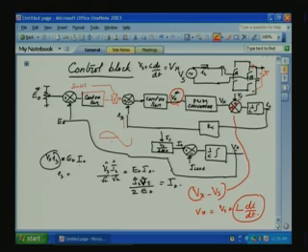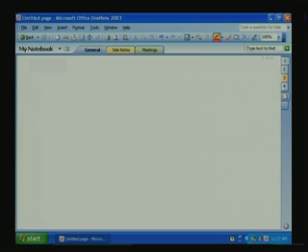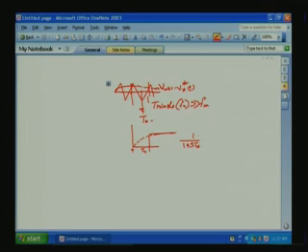So, VR will not go more than 0 to 5 volt or 0 to 10 volts, and the VR depends on the actual output. So, there is a gain. The converter has to be represented like this, and you have to include that gain G also.